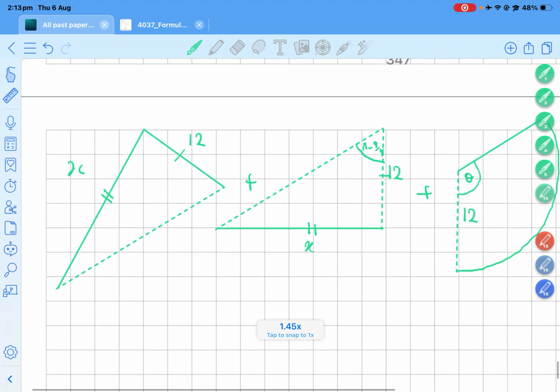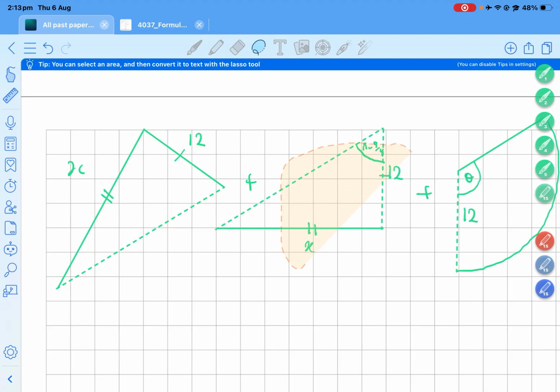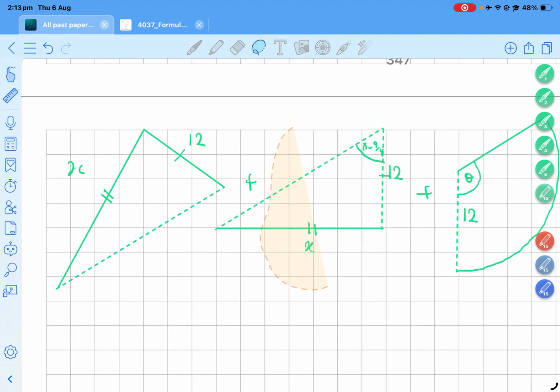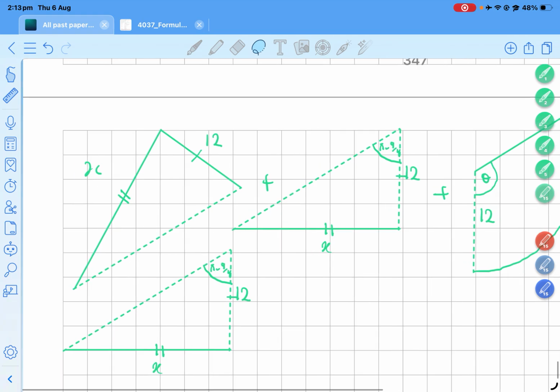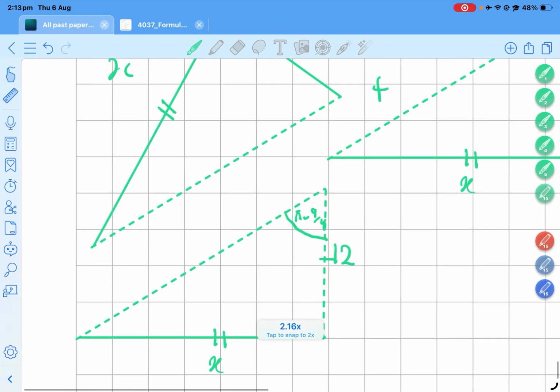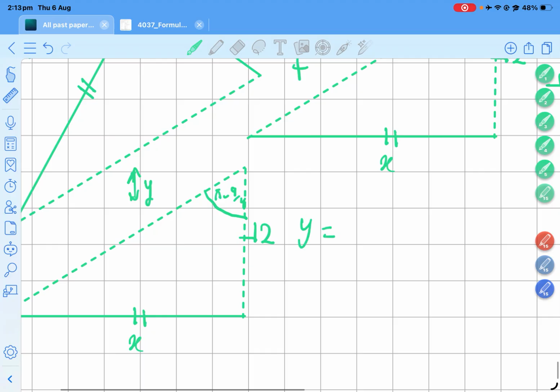So first from this you can find what is this length, which is this length. I could say this is y, and from Pythagoras we can calculate y is 19.1.